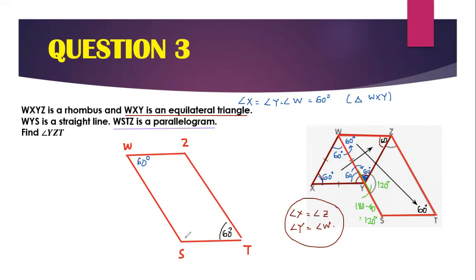All right. So what about angle S? Because it is a parallelogram, angle S equals angle Z. This one, right? Equal to 360 minus 60 minus 60, divided by 2. So we'll find here is 120 degrees, right?